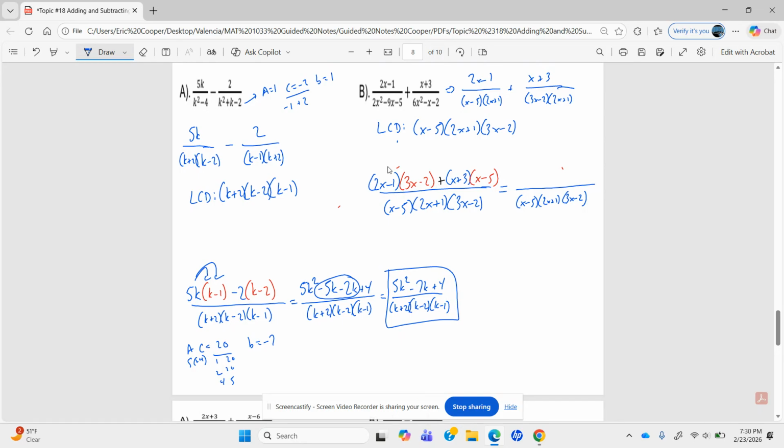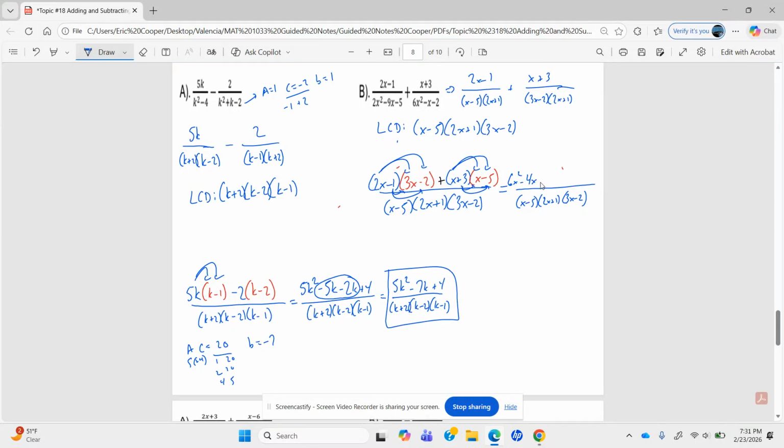So for both of these, we're going to have to FOIL. We're going to go through and do our multiplications for each. And we could just multiply it all at once and then combine like terms at the end. 2x times 3x is 6x squared. 2x times negative 2 is negative 4x.